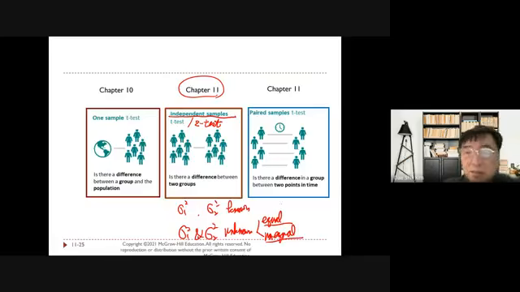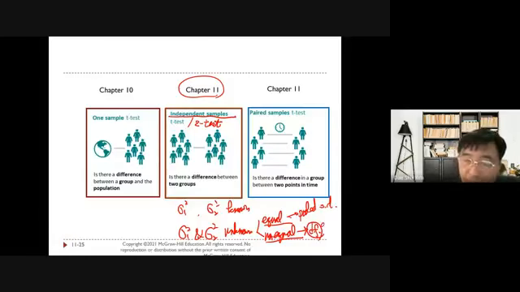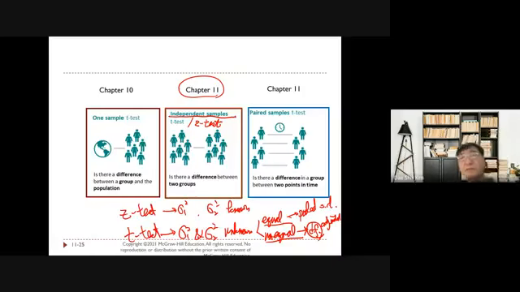In the equal case, pooled standard deviation will be used. Unequal means the degree of freedom will be adjusted. When the variances are unknown, the t-test will be used. When they are known, the z-test will be used.